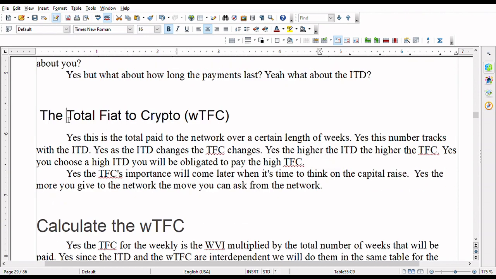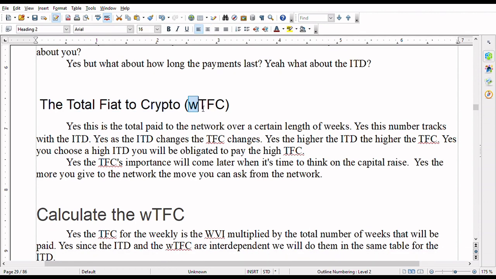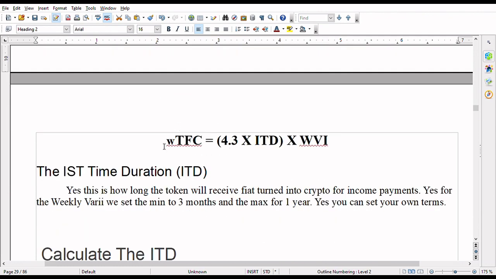And that brings us to the total fiat to crypto, or the WTFC, because as we change our ITD, it changes our WTFC value. Yes, the higher the ITD, the higher the WTFC. As we see in our calculation, the WTFC is equal to 4.3 times the ITD times the WVI.